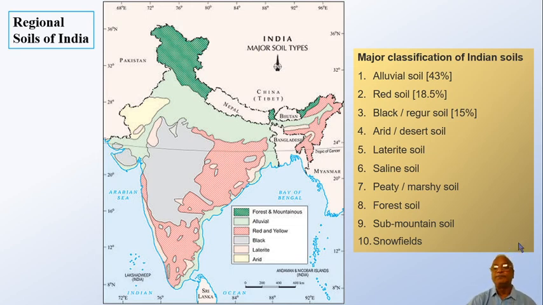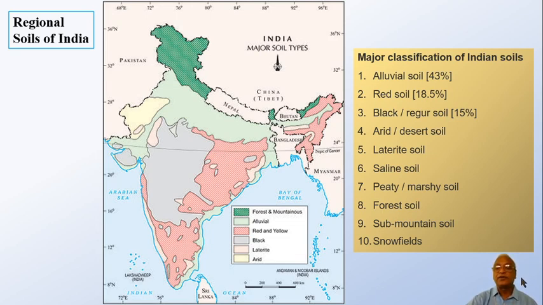On the other hand, the soils of extra-peninsular regions are formed due to the depositional work of the rivers and wind. They are mainly found in the river valleys and deltas. They are very deep and constitute some of the most fertile tracts of the country. They are often referred to as transported or zonal soils.